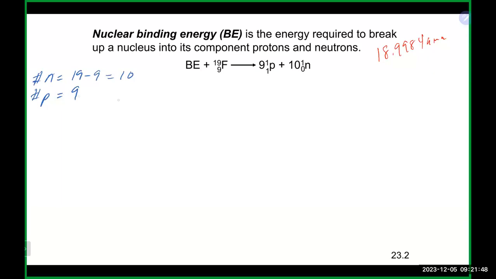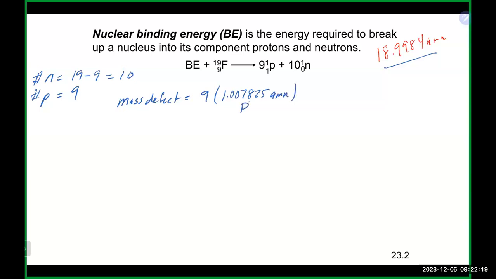To calculate the mass defect, which is essentially the difference between the mass of the protons and neutrons and the mass of the actual isotope, which in this case has a mass of 18.9984 AMU, we will take the number of protons and multiply it by the atomic mass of a proton, which is 1.007825 AMU.